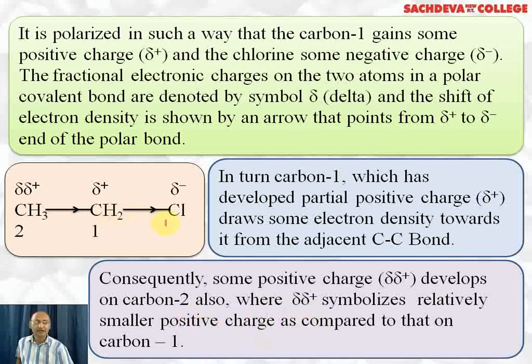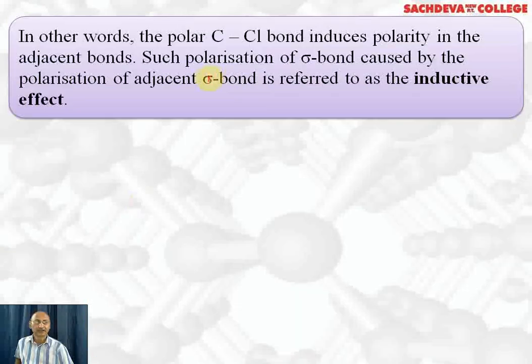Because carbon 1 was close to the electronegative atom, this one is a little away from the electronegative chlorine atom. In other words, the polar C-Cl bond induces polarity in the adjacent bonds. Such polarization of a sigma bond caused by polarization of an adjacent sigma bond is referred to as the inductive effect.